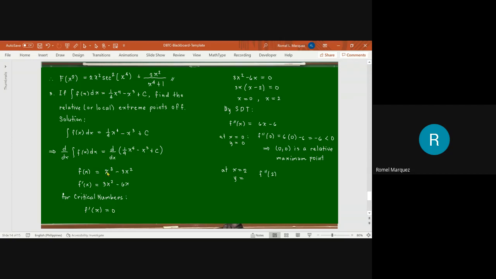What's the value of the second derivative when x is 2? That is positive 6. Greater than 0. So it means the point 2, negative 4 is a relative or local minimum point.